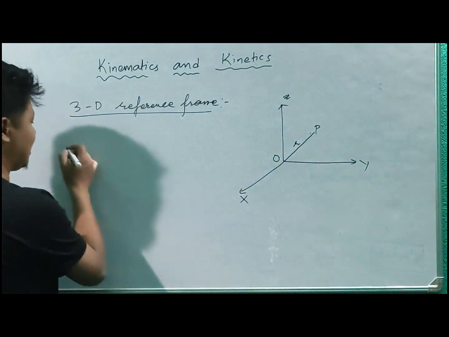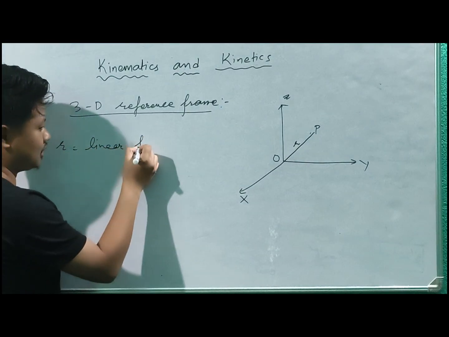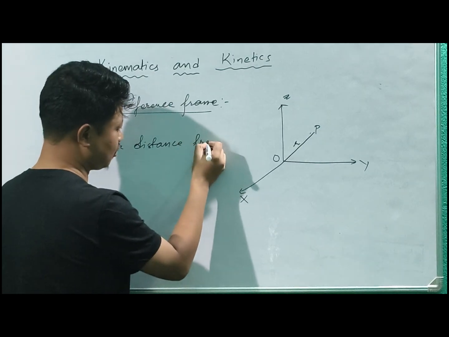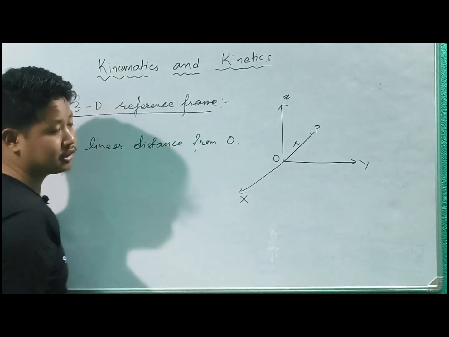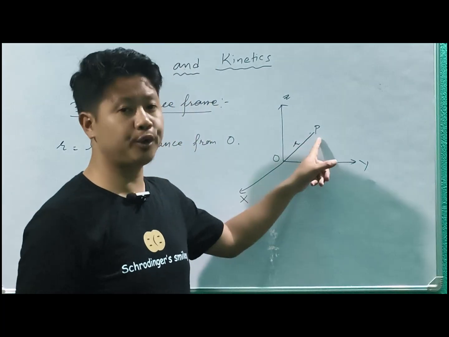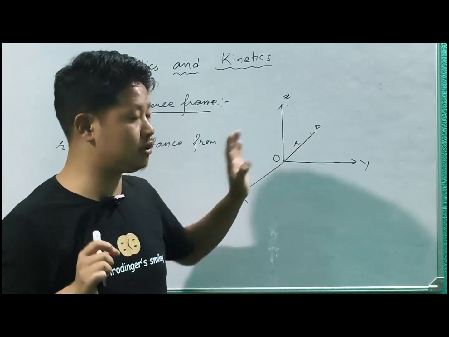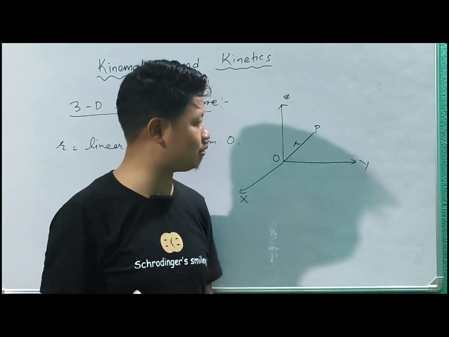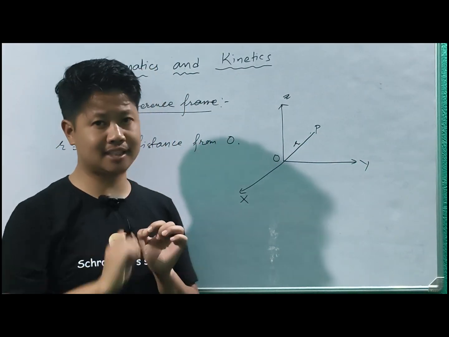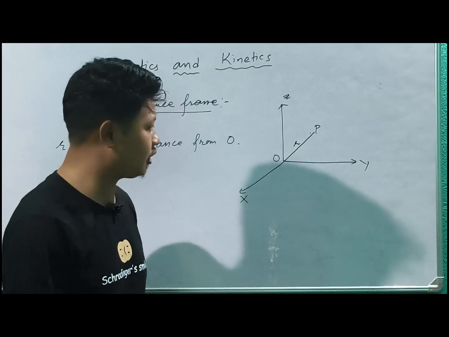So what is r? r is the linear distance from origin O. Now, to know the exact location of point P in the case of the spherical coordinate, we have to know three things. If an object lies in space, we have to know the three coordinates.